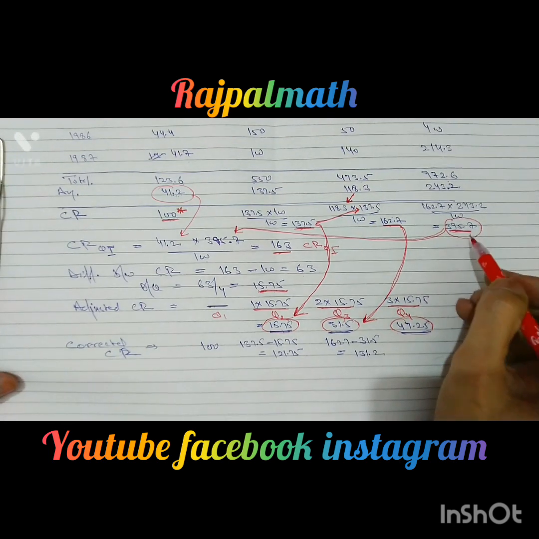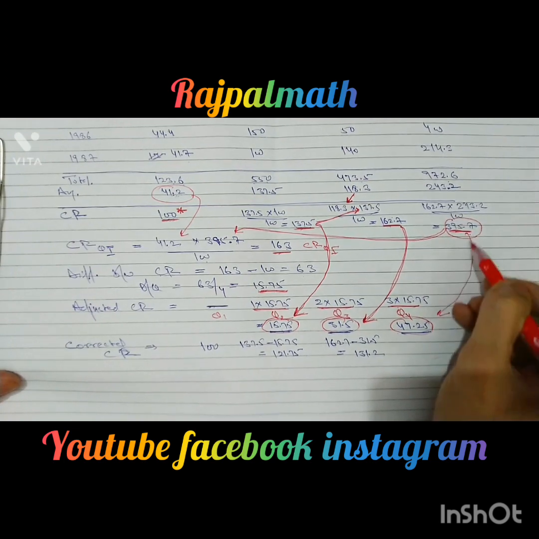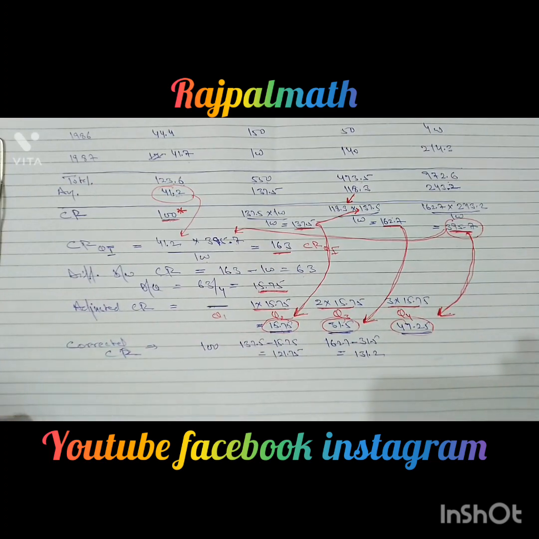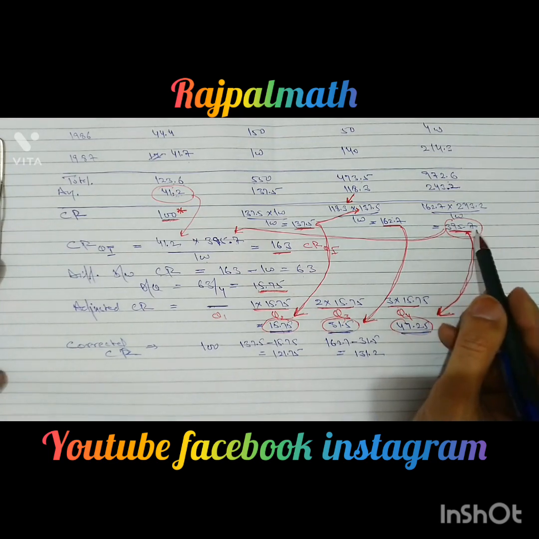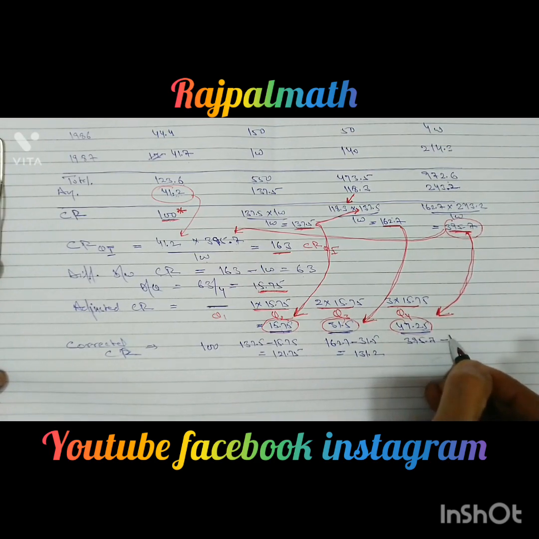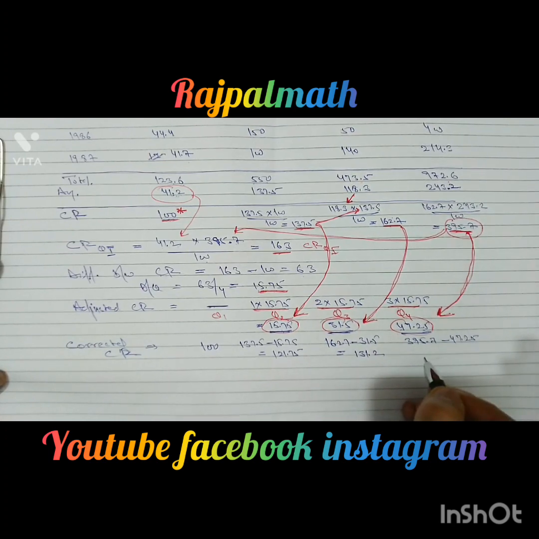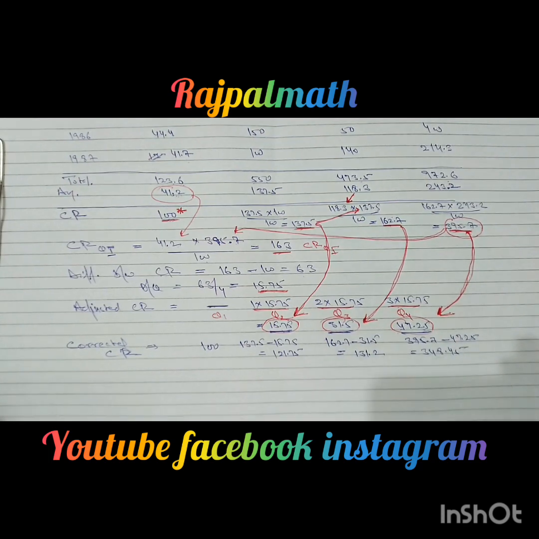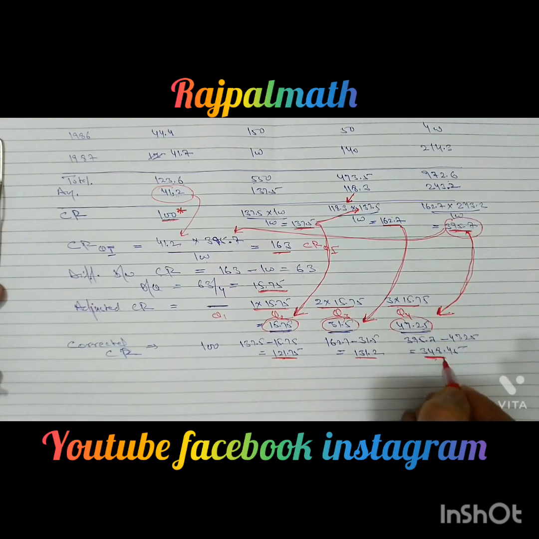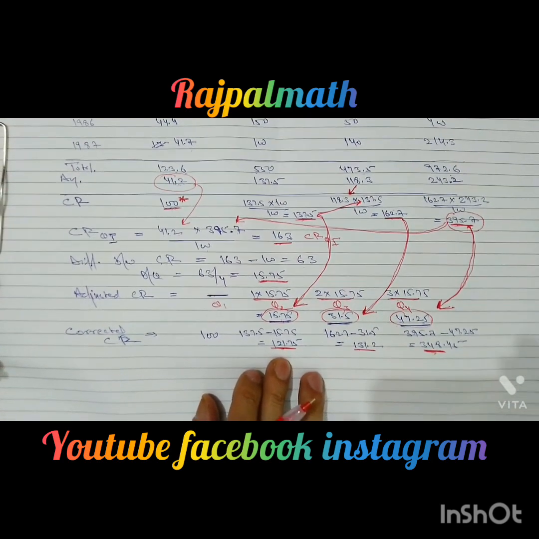For the next quarter, 395.7 minus 47.25 comes out to be 348.45. So these are the corrected CR values, corrected link relative values.